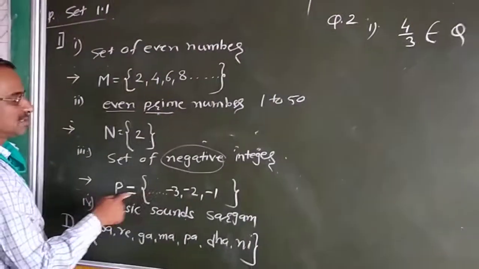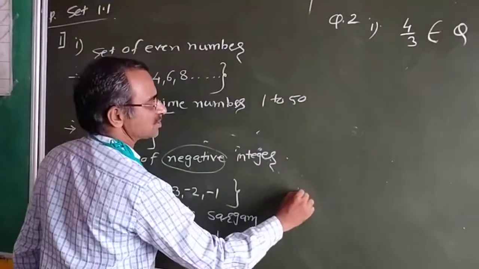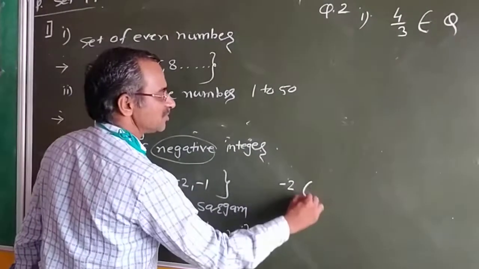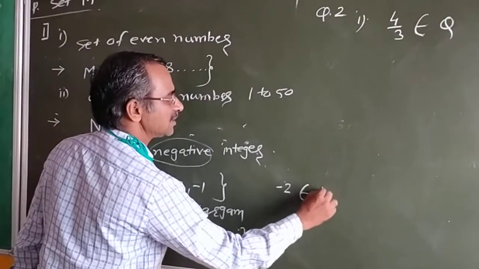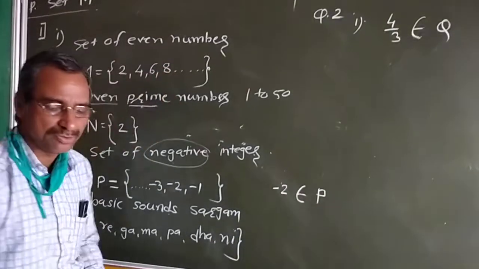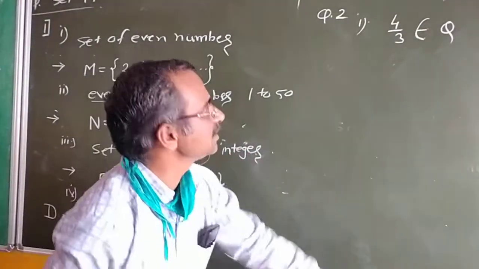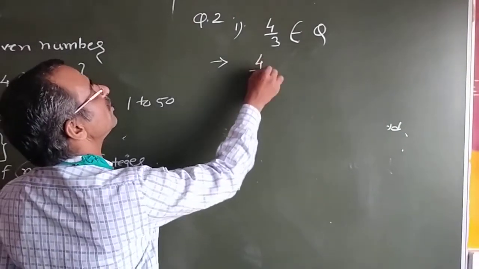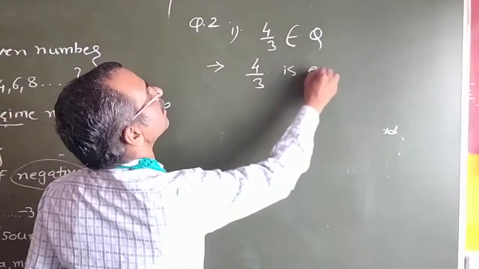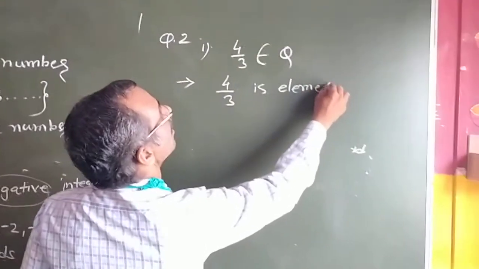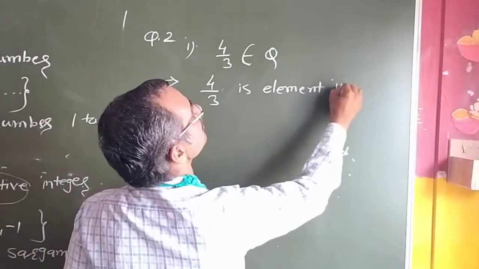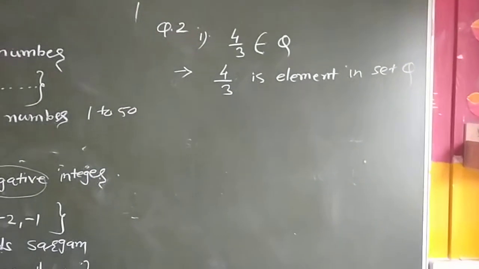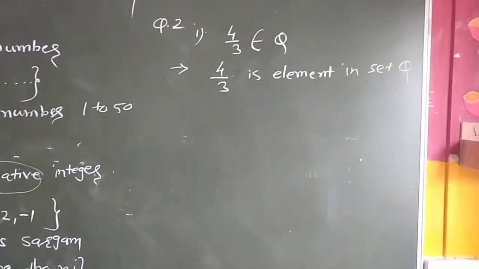Each element, suppose -2 is in the set P, so we can write -2 belongs to P. We are only writing this in words. The answer is: 4/3 is an element in set Q.